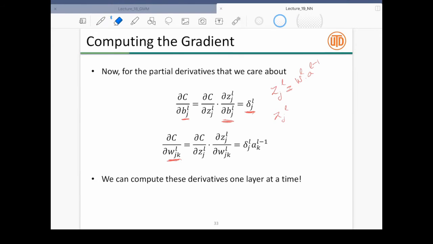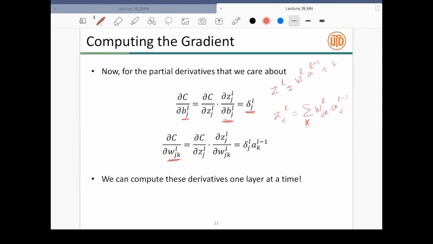Or maybe another way to see this: z j L, sorry, this is not j, so this is the vector z L. So you can write z j L as this sum over k of W L j k multiplied by A L minus 1 k.